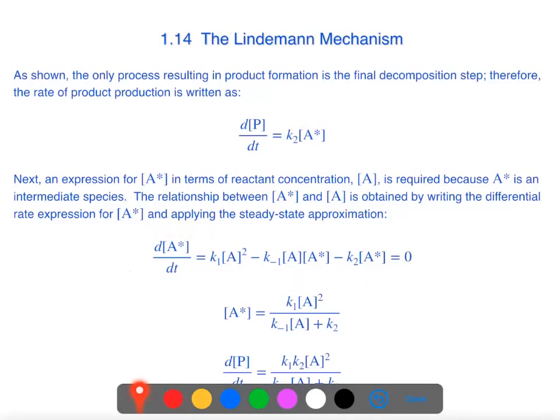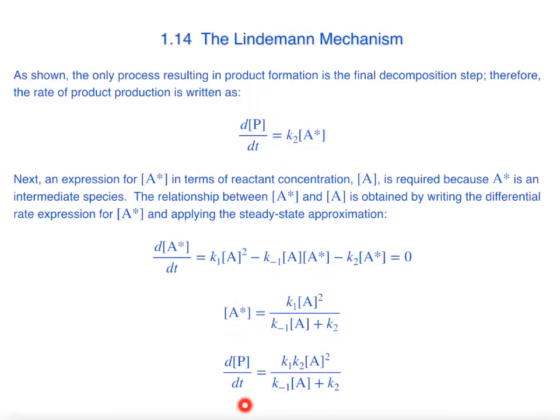As a result, we're going to equate this expression to 0. And finally, we can substitute this quotient into our original expression for the rate of product formation such that we're left with our final rate law expression for product formation according to the Lindemann mechanism.